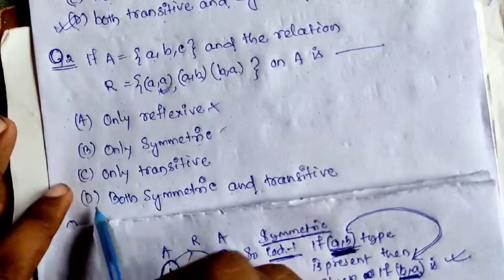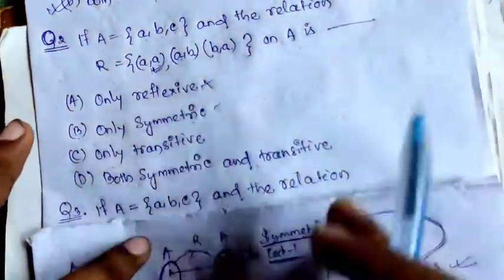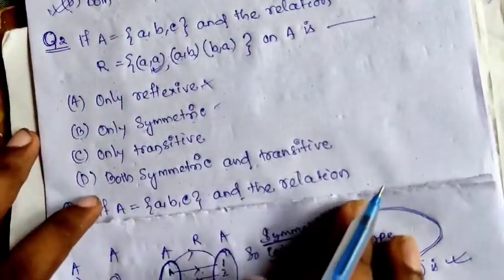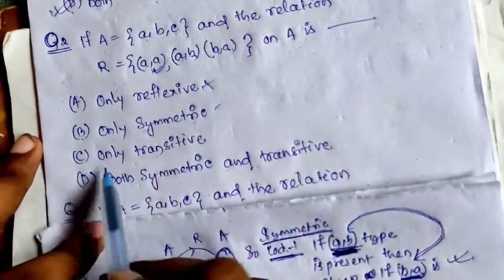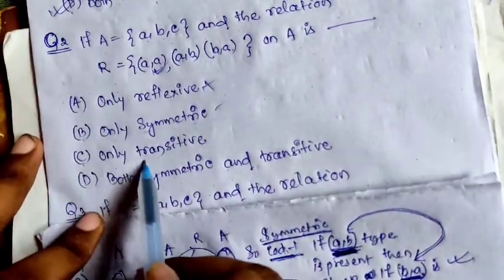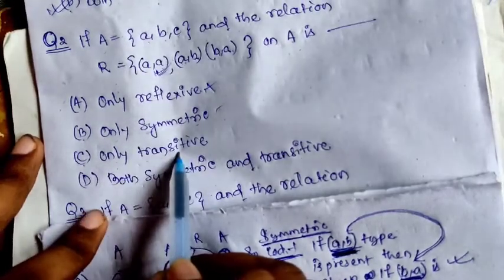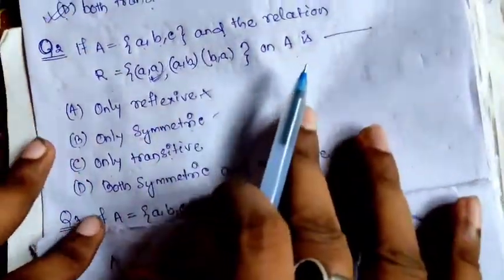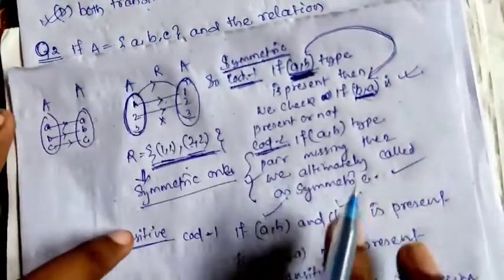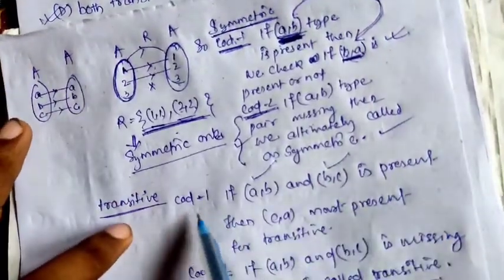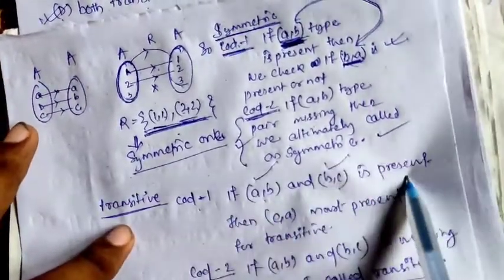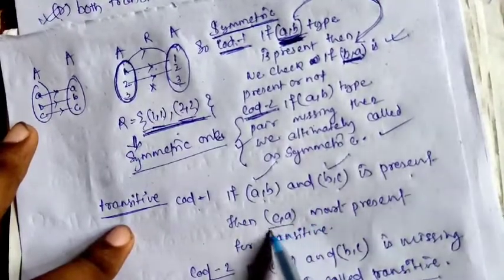So we look whether option C or D is most correct. Option C tells us only a symmetric relation. For transitive, we know that condition 1 says that if AB and BC are present, then we check whether CA is present or not.